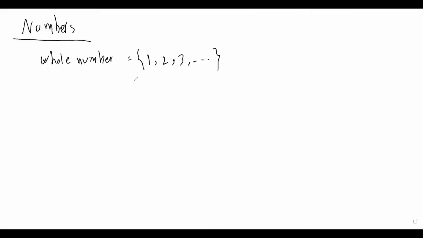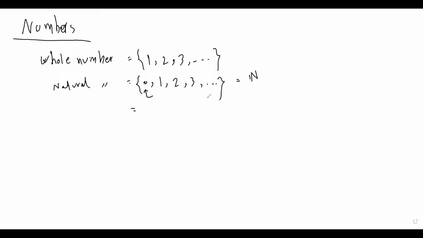Then if you include 0 in this family, we have a bigger family of numbers which has basically one extra member compared to whole numbers, and we call them natural numbers, and we use the letter N for them, right?